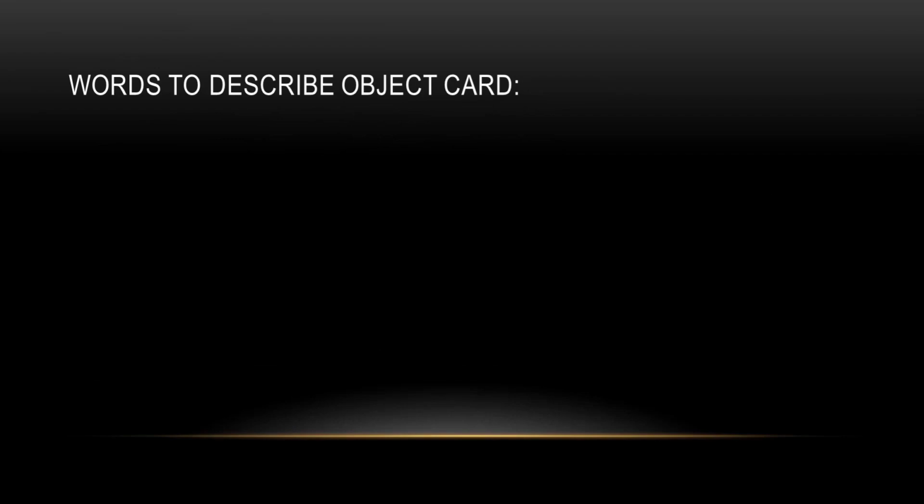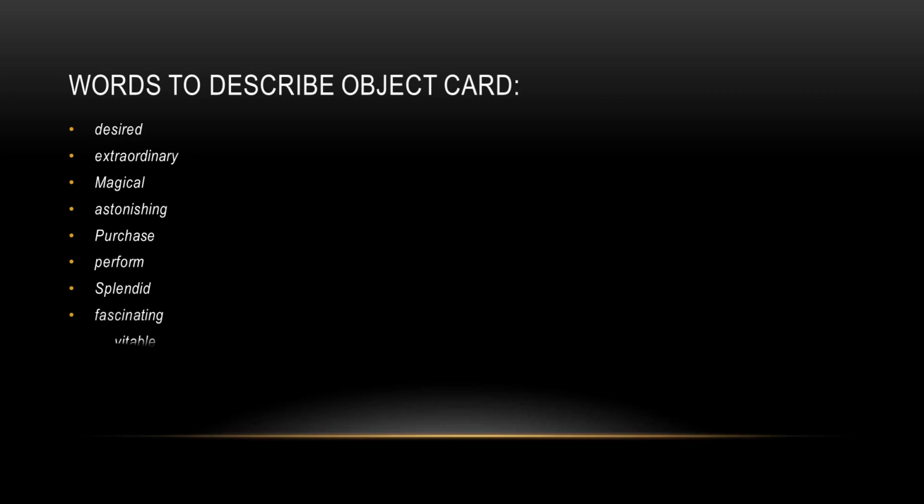Words to describe an object-related cue card. Desired. Extraordinary, there is nothing comparable with this. Magical, it seems to you that it's a magical device. Astonishing, passage, perform, splendid, fascinating, inevitable, apparatus, precious, so valuable, style, in-depth.